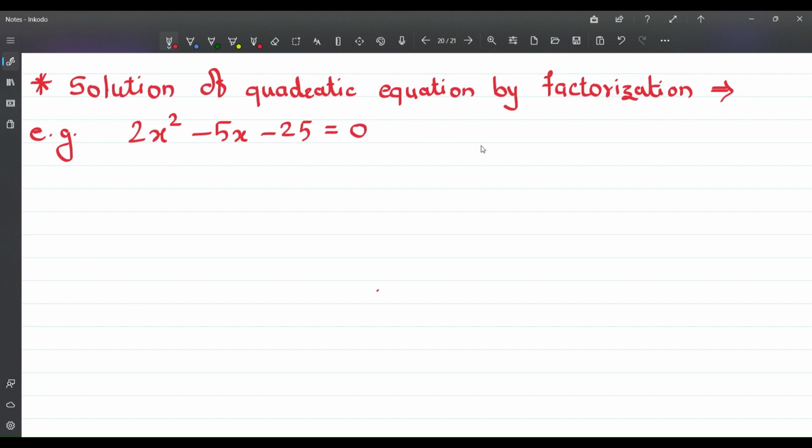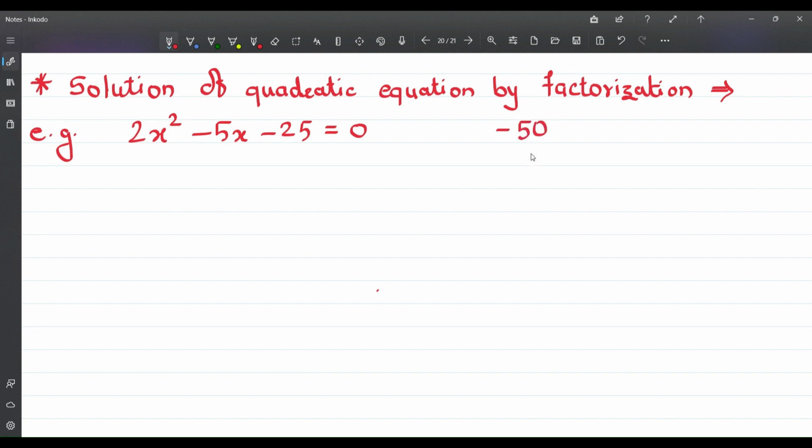Now we have to use the factorization method. 2 into minus 25, that means the coefficient of x square into the constant number, becomes minus 50.